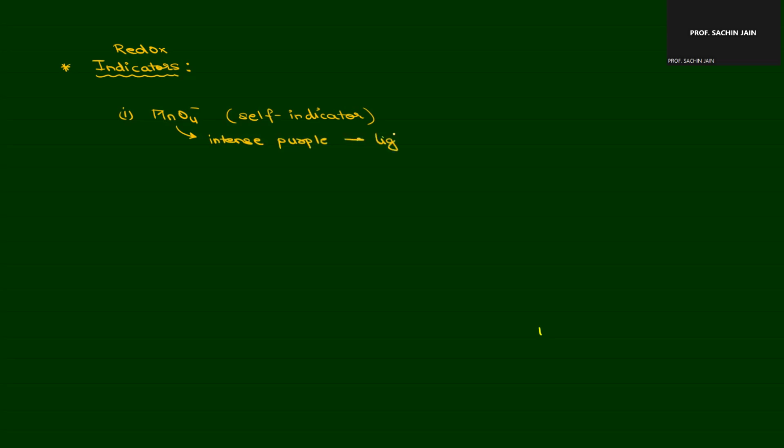So no external chemical is needed here. Directly the intense purple to light pink color change indicates the end point of the reaction. But for dichromate or the other oxidizing agents, we require indicators to indicate the color change.